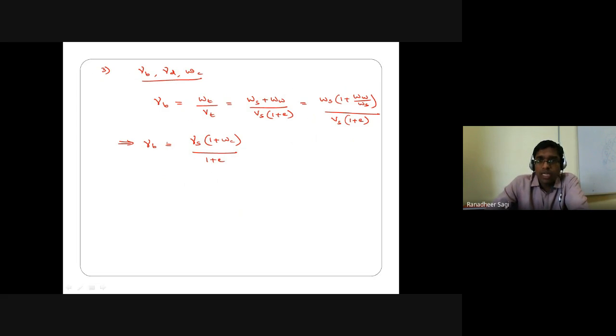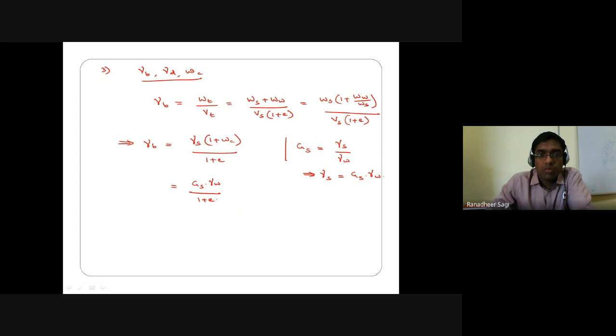Okay. So my gamma S, if I can recall again, earlier we said specific gravity of soil solids I can write as gamma S by gamma W. So this implies gamma S I'll rewrite as Gs into gamma W. So if I rewrite gamma S as Gs into gamma W, this is nothing but Gs into gamma W divided by 1 plus e.